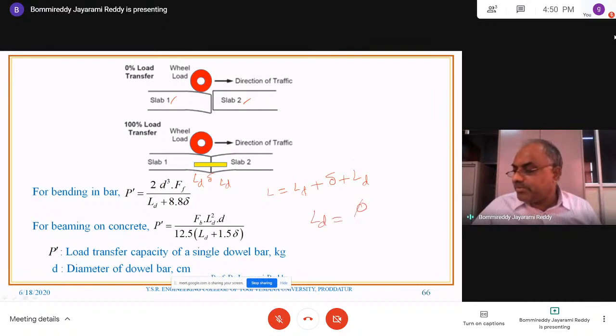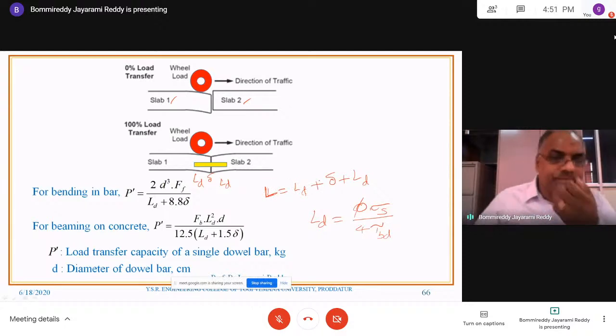Already you know from strength of materials and RCC that LD will be equal to 5 sigma S divided by 4 tau BD. If the bond stress in concrete is known, the permissible stress in steel is given, and the diameter is given, you can find out the development length. So development length plus delta, the gap between the two slabs, and again the development length, that is the total minimum length of the dowel bar to be provided.